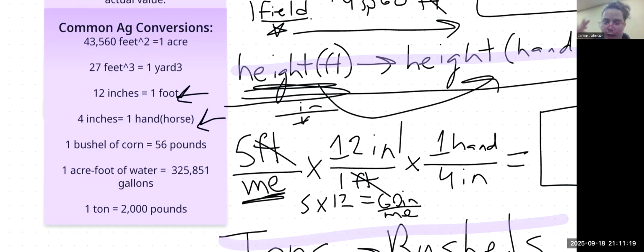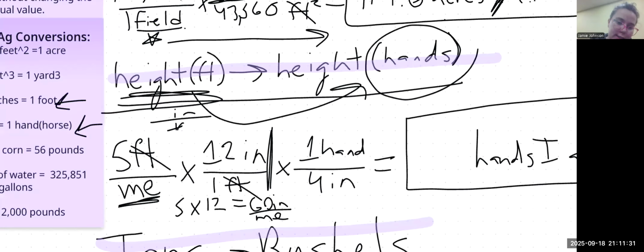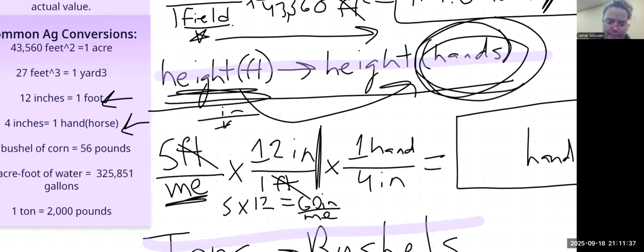Up to there, right? And then, but we're in inches, and we want to go to hands. How do we get to hands? 4 inches is 1 hand. So we take that 60 inches, right?